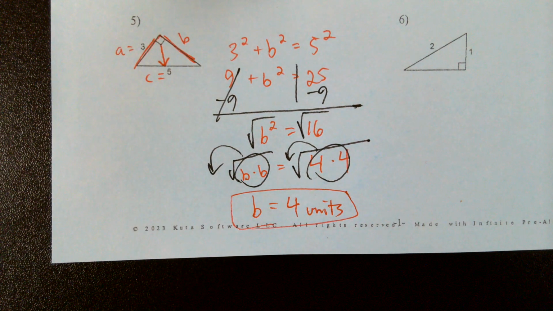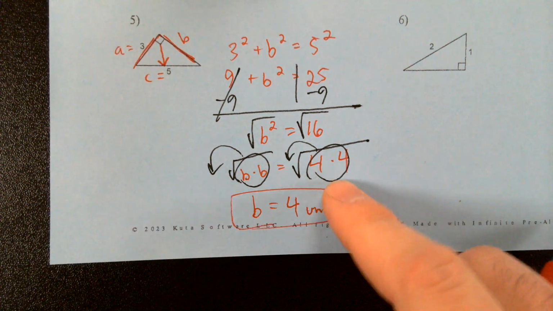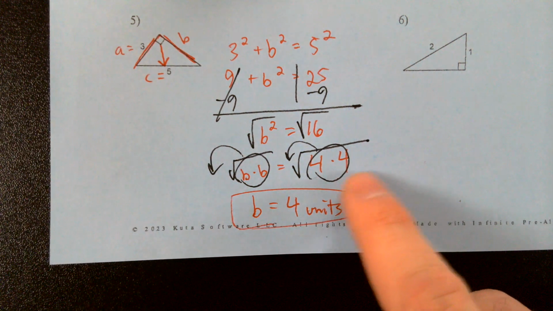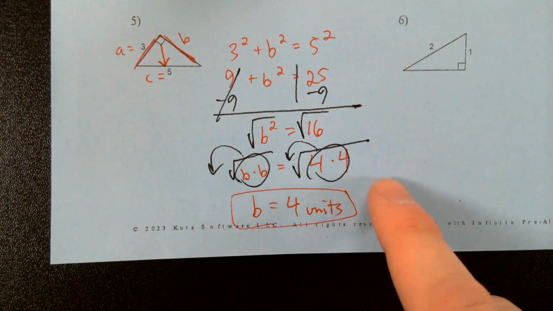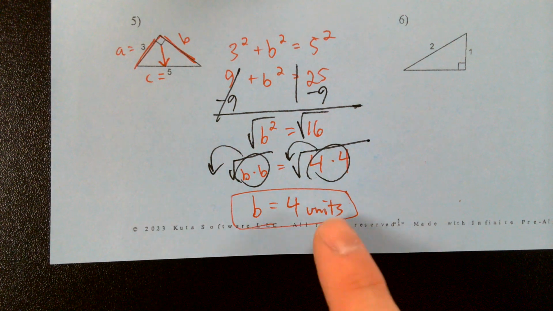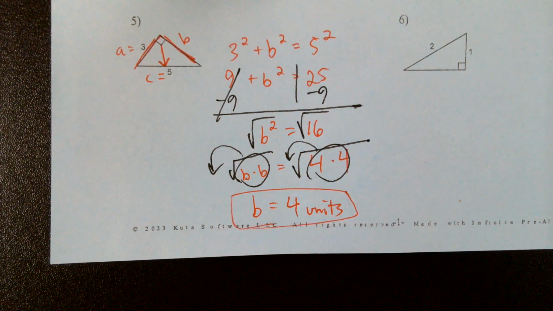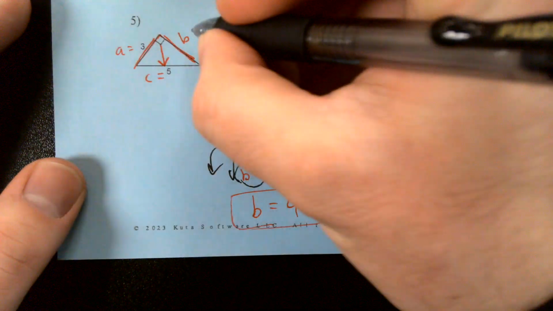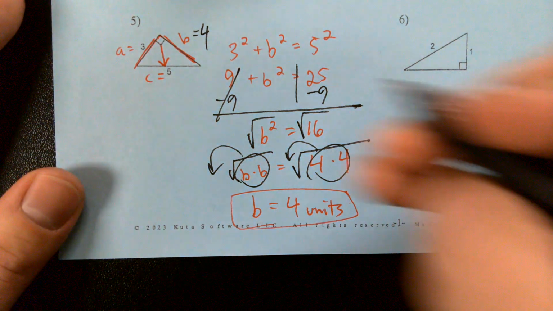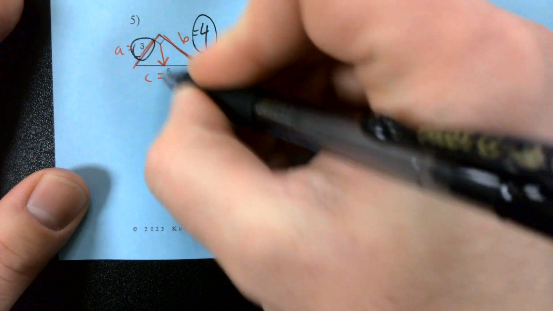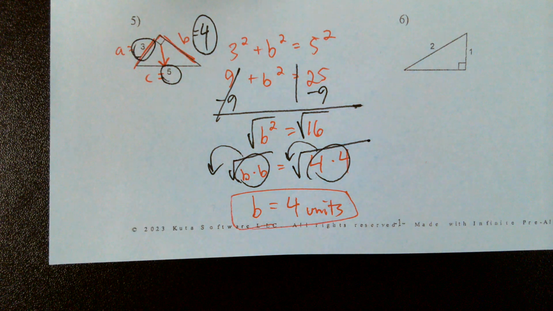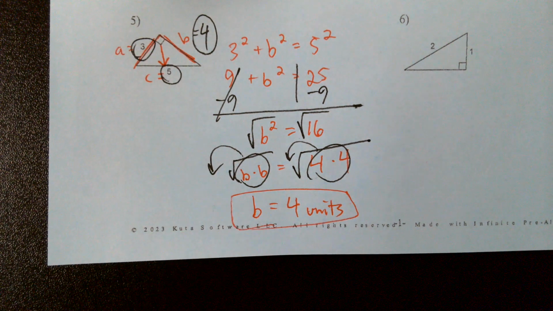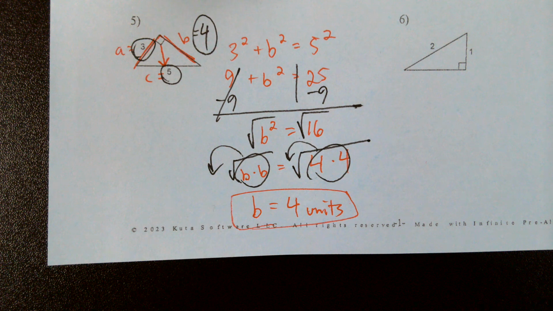Now the square root of 4, once we bring that pair out, if there's nothing left over, which there isn't here, our square root just goes away, leaving us with only 4 units. And we know this for sure because, again, this is that special type of triangle we talked about, a 3, 4, 5 right triangle. Those are going to keep coming up and appearing as you go through your math classes, so it's definitely nice to start pointing out the patterns there.